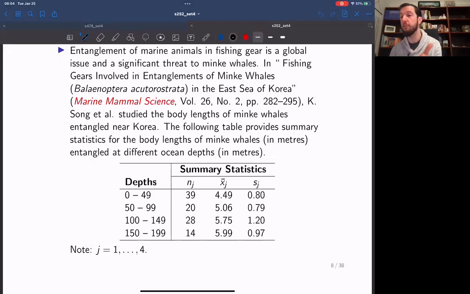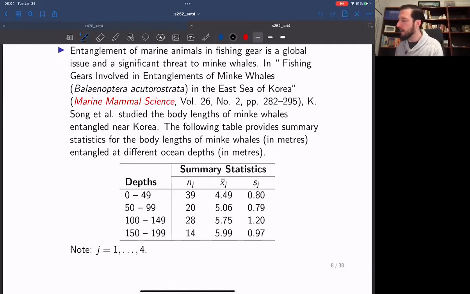All right, so we'll start off with an illustration of what a data set might look like when we want to submit it to a one-way ANOVA. So on slide 8, we have data that counts the number of whales that have gotten entangled at certain depths. And then it gives you the average length of the whale in meters at each of those depths and the standard deviation of that length.